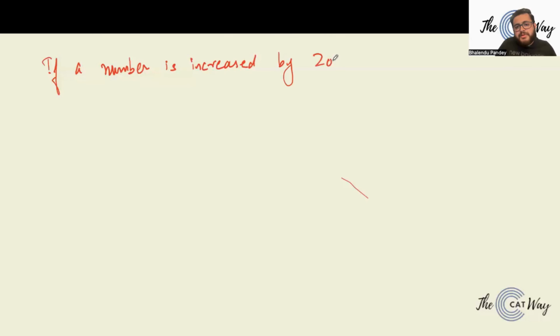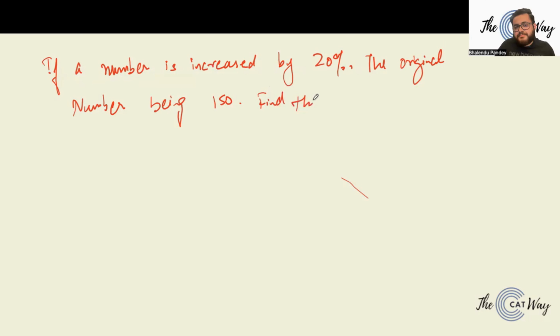Let's say it has been asked: if a number is increased by 20%, the original number being 150, find the final number, the increased number.